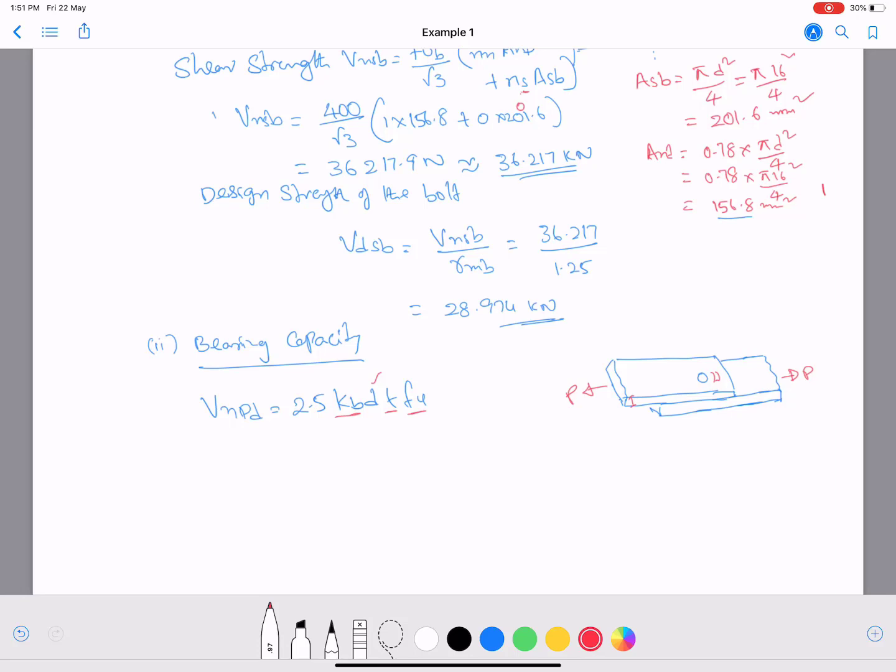So let's find out the minimum design parameters required for bearing capacity calculations. The minimum pitch distance, P equal to 2.5 times d, which is equal to 2.5 times 16, the diameter of the bolt, which is equal to 40 mm, and minimum edge distance.